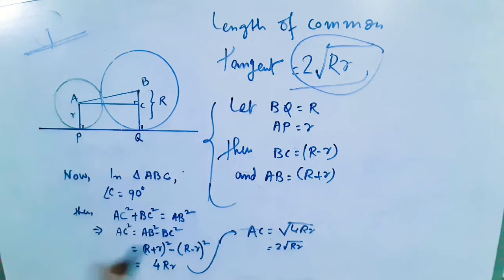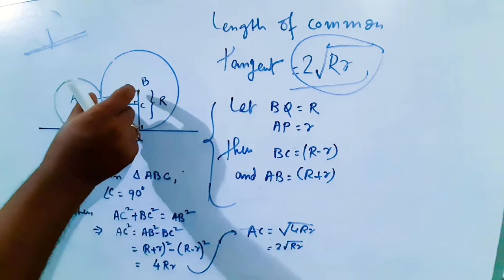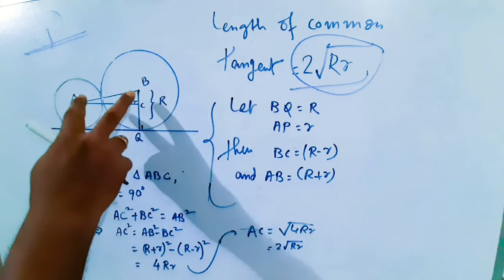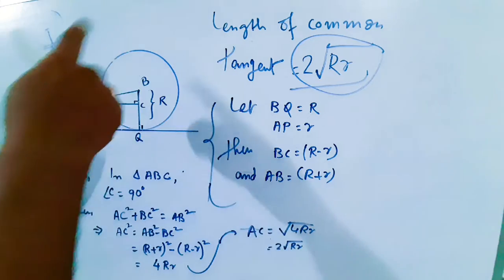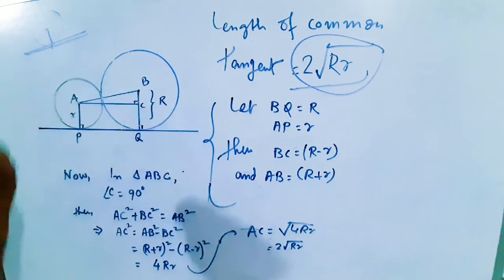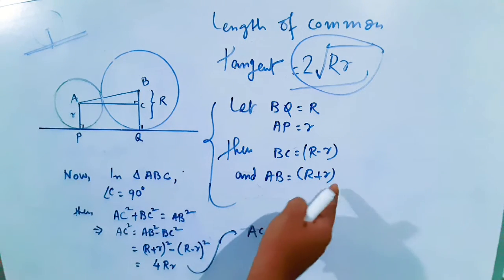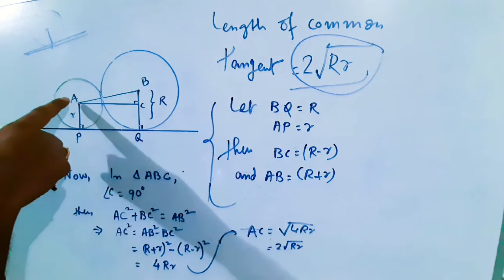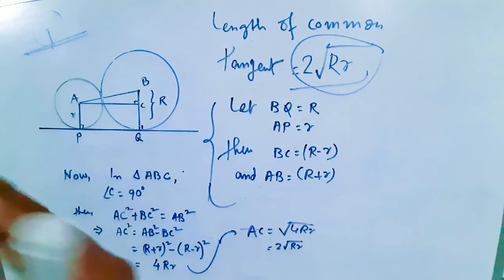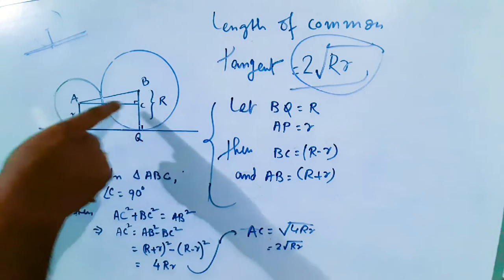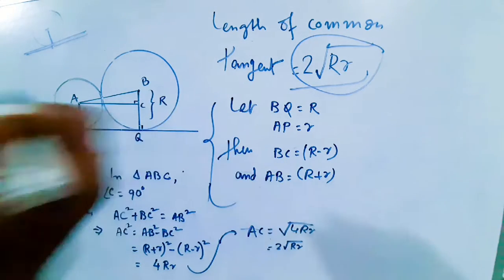So AB equals capital R plus small r. Now just draw a perpendicular on BQ from point A. So AC is perpendicular to BQ.